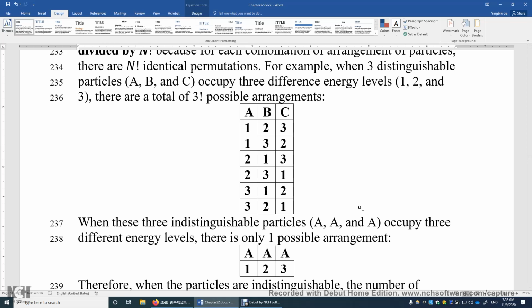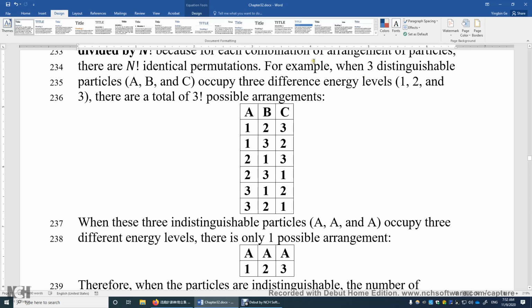A molecule A occupies energy level 1, a molecule A occupies energy level 2, and a molecule A occupies energy level 3. That's it. There's only one possible arrangement when the particles are indistinguishable.